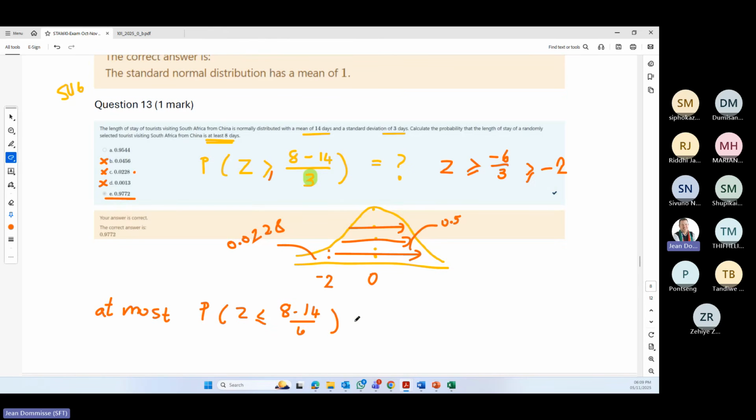Then it would have been Z smaller or equal to -2. And that probability would have been 0,0228. Okay, so it might have been that again, they have this one question and they phrase it in 2 different ways for you to answer it in the exams.